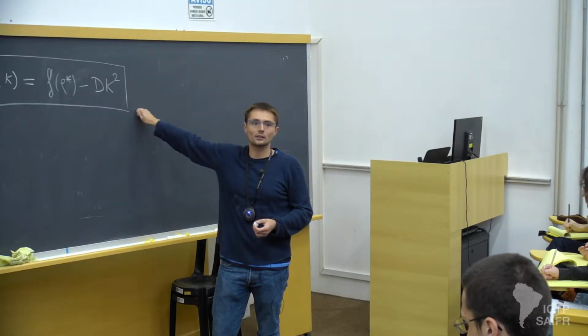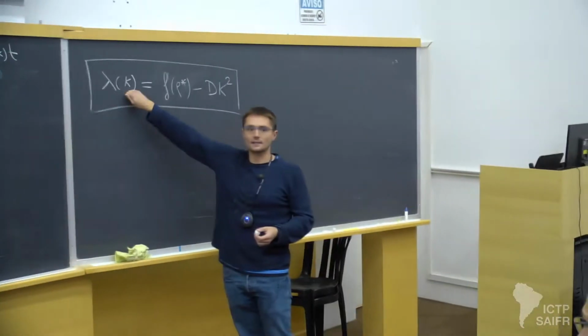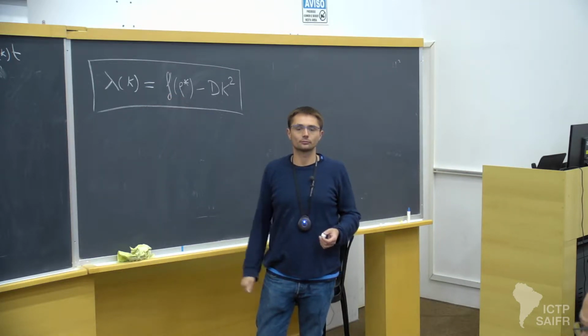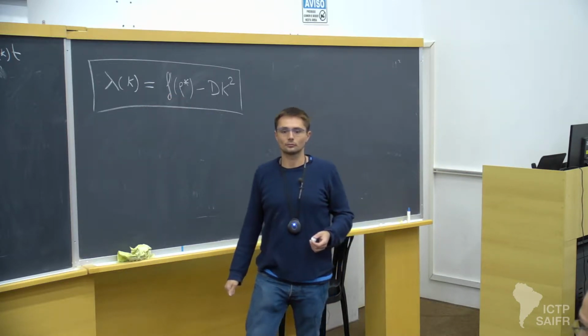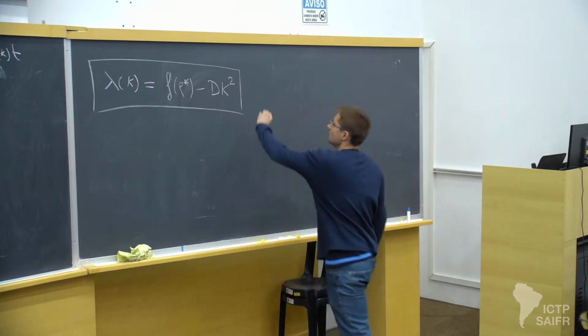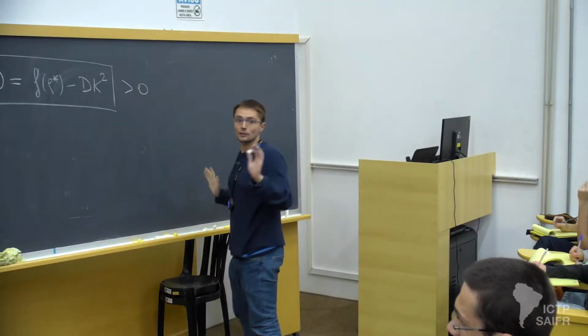What do I need for my solution to be, at least for some k, unstable? Lambda positive, right? That's right, at least for some k.